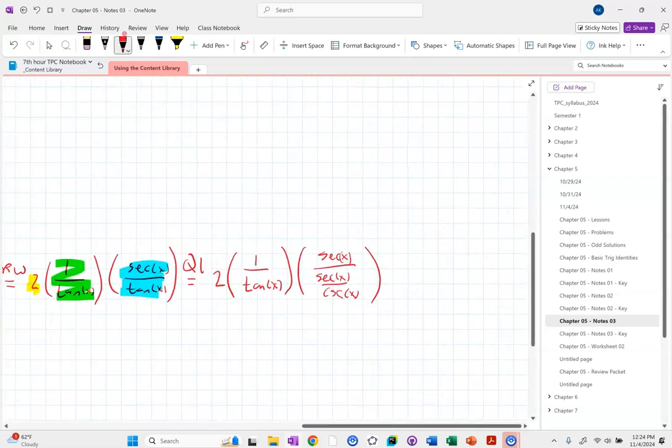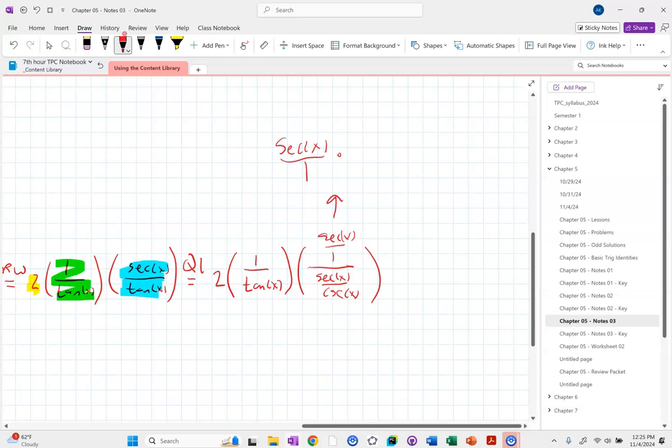Okay. And let's talk about how we're going to reduce that. So I'm going to think about the numerator, instead of just secant x, as a secant over 1. And then I remember that dividing two fractions is easy as pie.